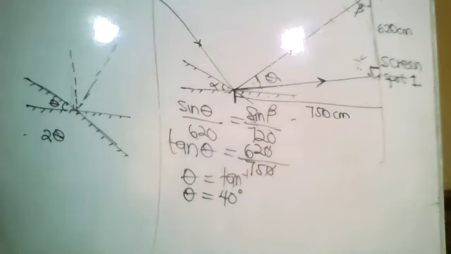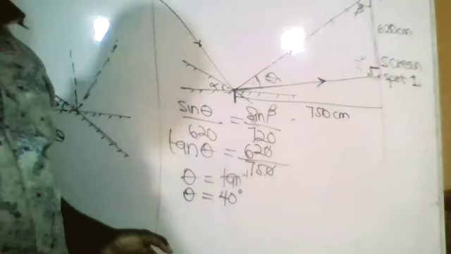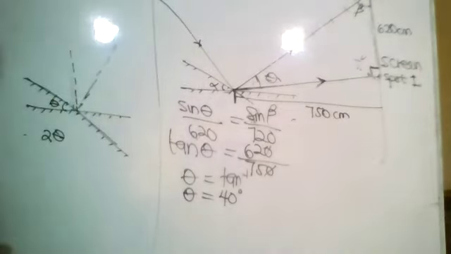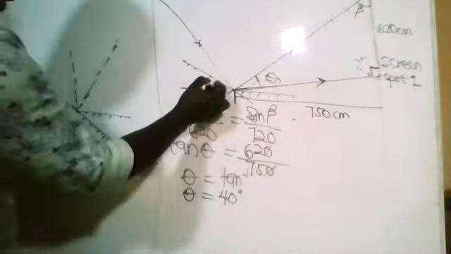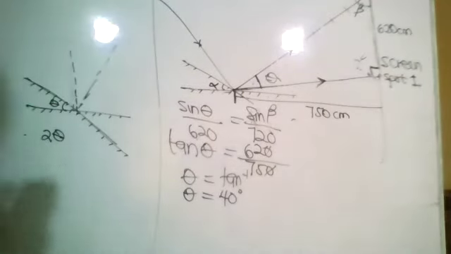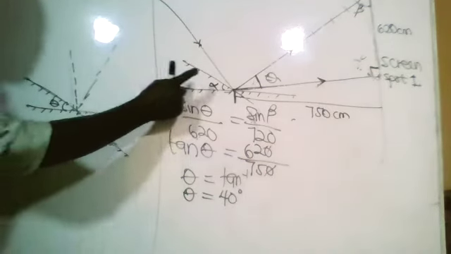Nana, what must be the angle of rotation of the mirror? Nana, we are looking for the angle of rotation of the mirror. If the angle between the reflected rays is 40 degrees, what must be the angle of rotation of the mirror?